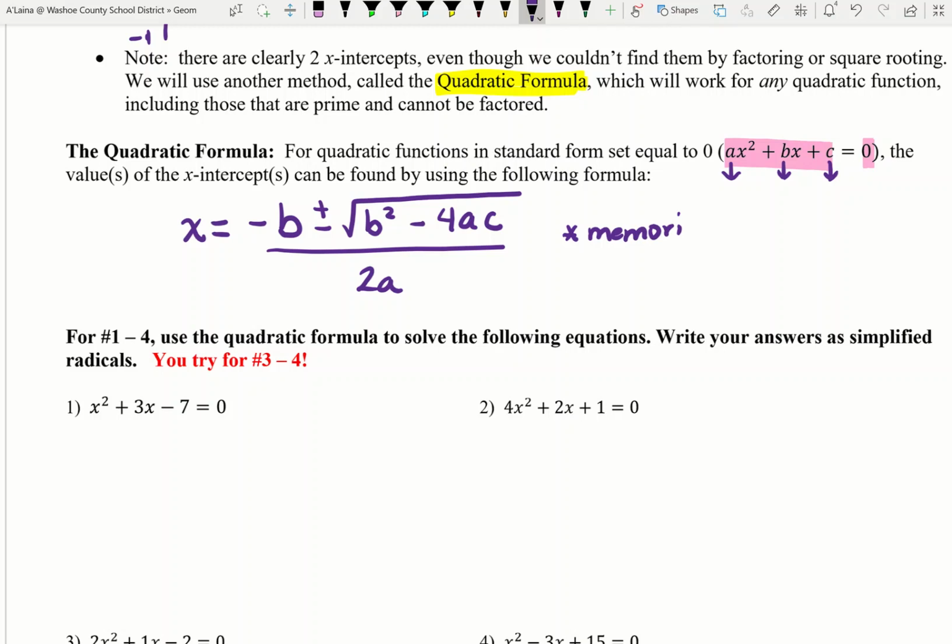We are going to give you this for your tests, but it's one that comes up enough that it's worth memorizing. There's a little story that I'll tell you that will help you memorize it. There's also a song that I'm not going to sing for you, but if you go to YouTube and look up the Quadratic Formula song, you're going to have plenty of opportunities to listen to it that way.